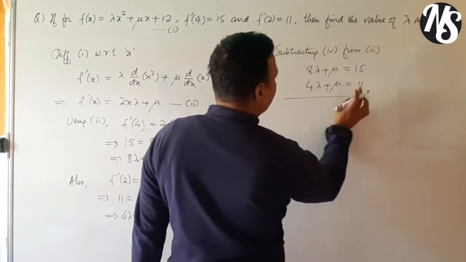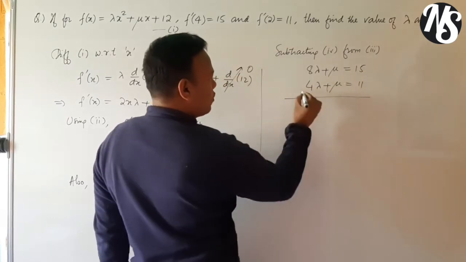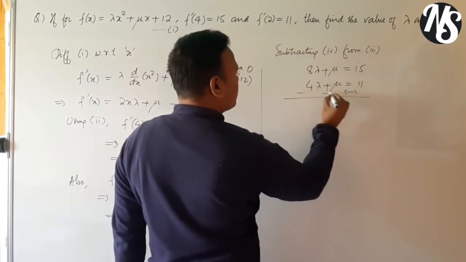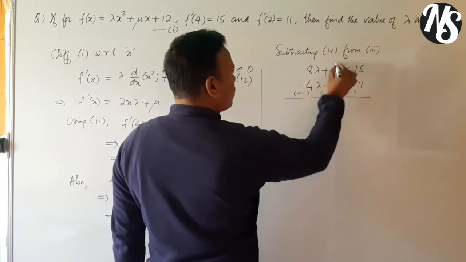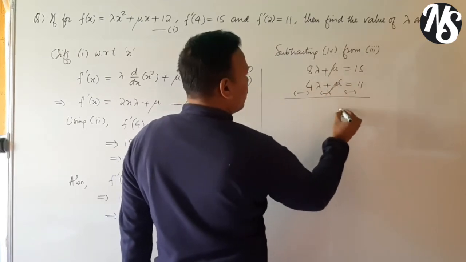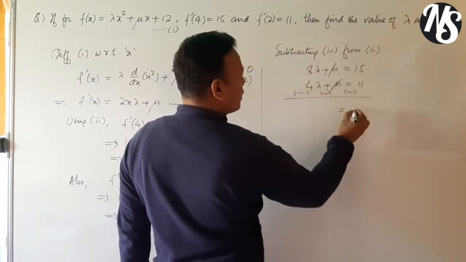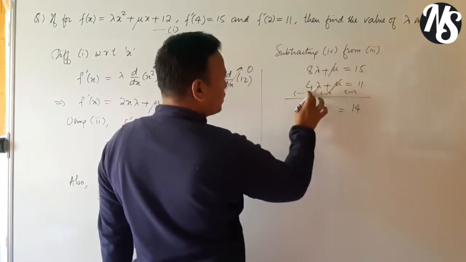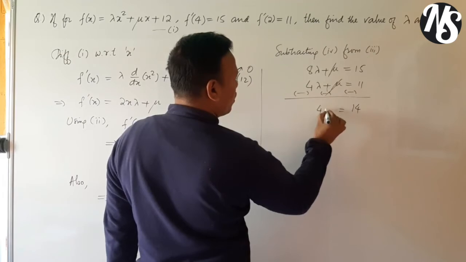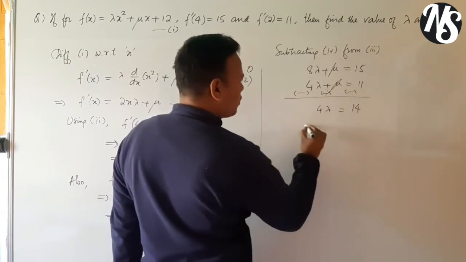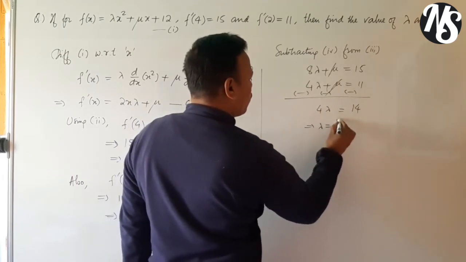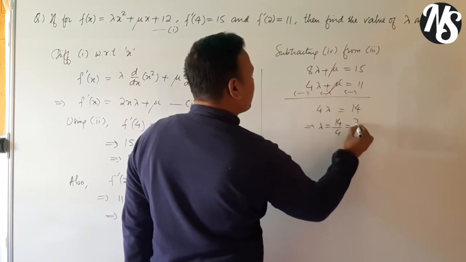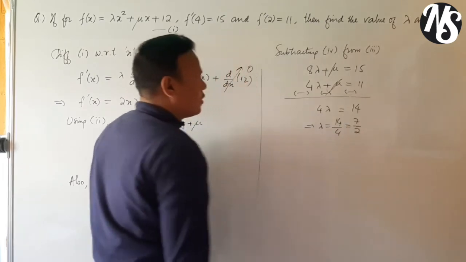So you are subtracting this 4 from 3. When you subtract, the sign will reverse, isn't it? So this is plus mu, this is minus mu, equal to 15 minus 11 is 4. Yes, 8 lambda minus 4 lambda becomes 4 lambda. So from here lambda turns out to be 4 by 4, that is 1.